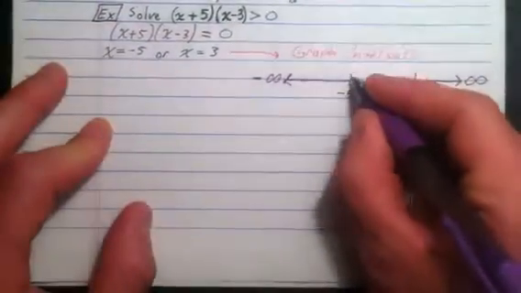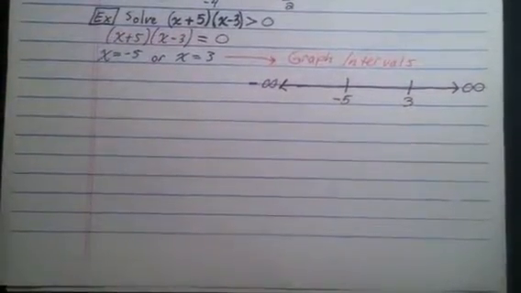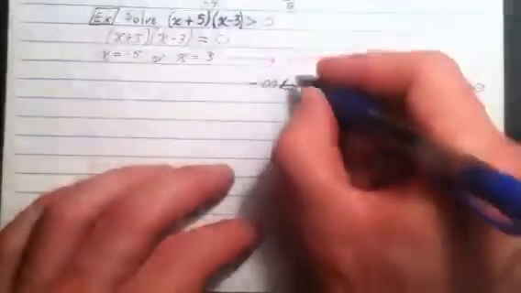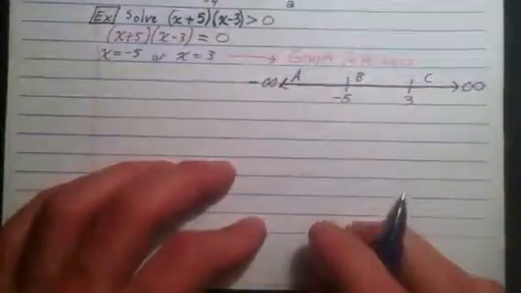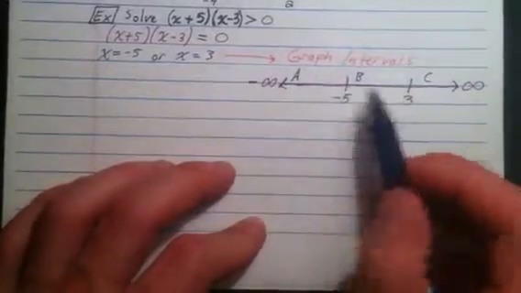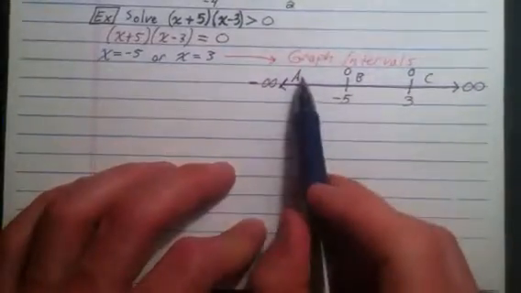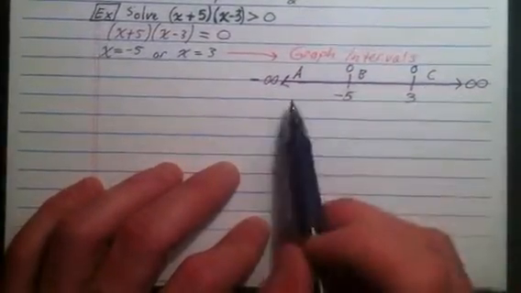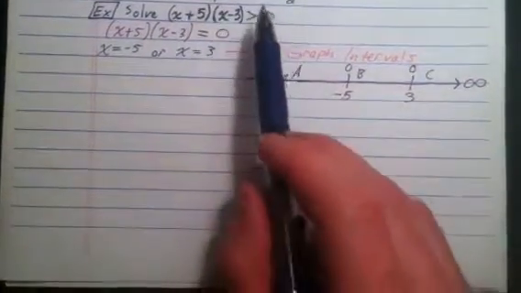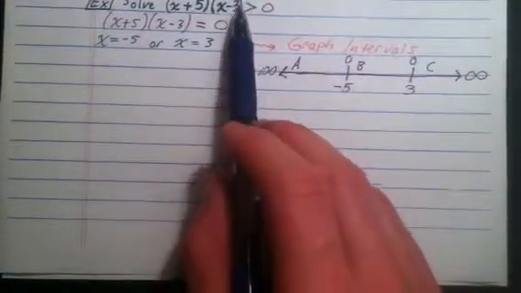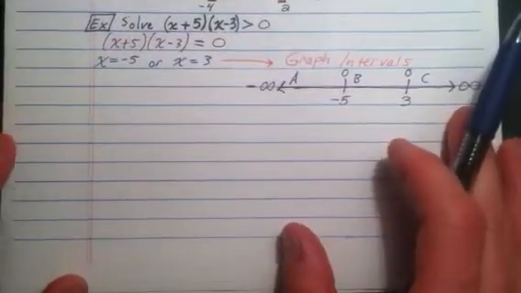This is going to cut our number line into 3 intervals again: interval A, interval B, and interval C. We know at negative 5 and at 3, our function equals 0. So we want to see, in intervals A, B, and C, do we have positive values or negative values? Because our solution is going to be all of the regions that give us something greater than 0, in other words, positive answers.